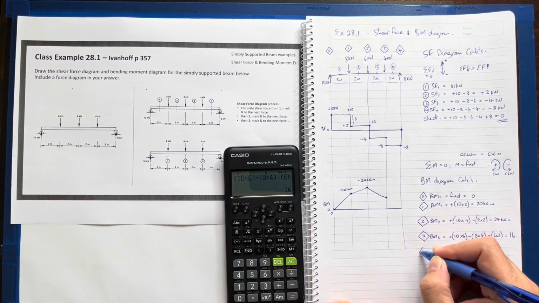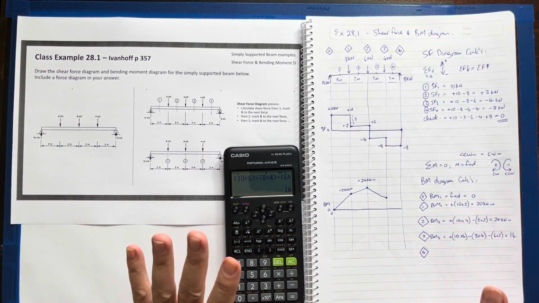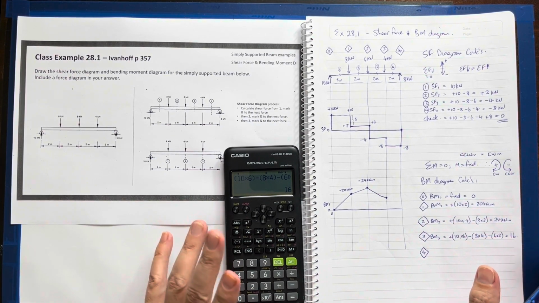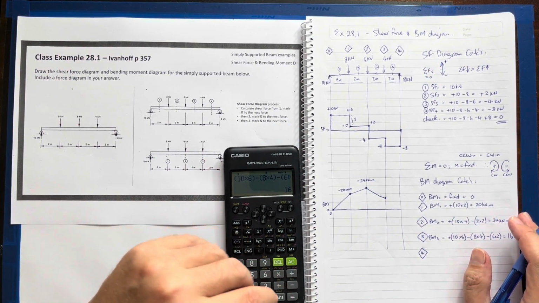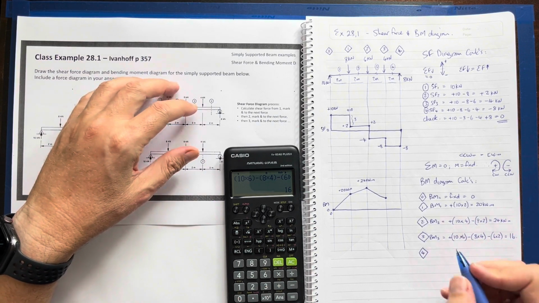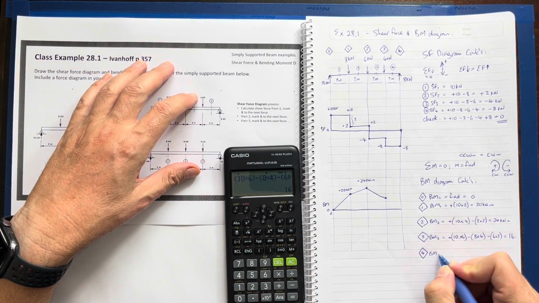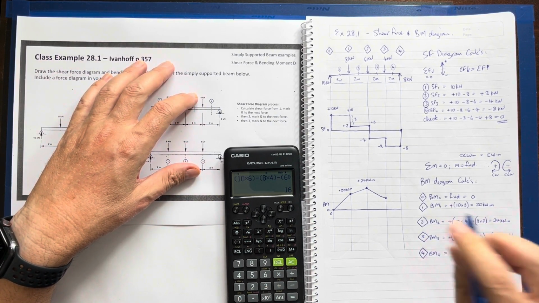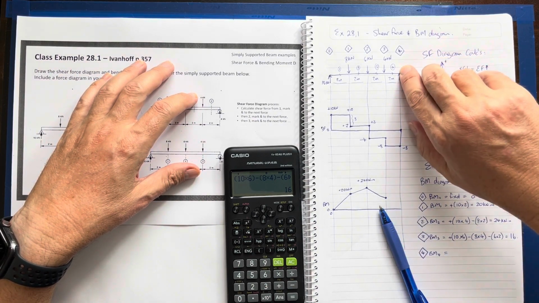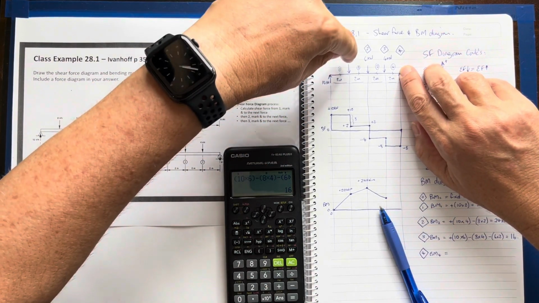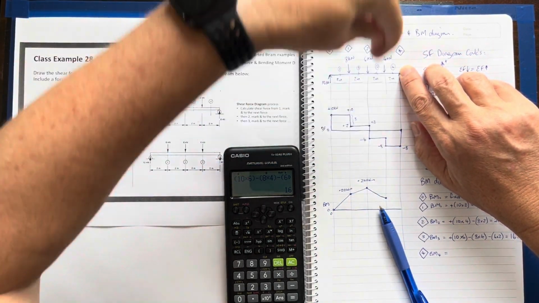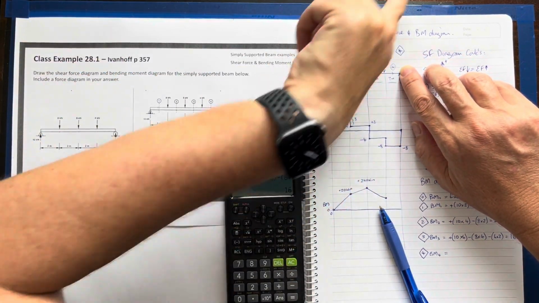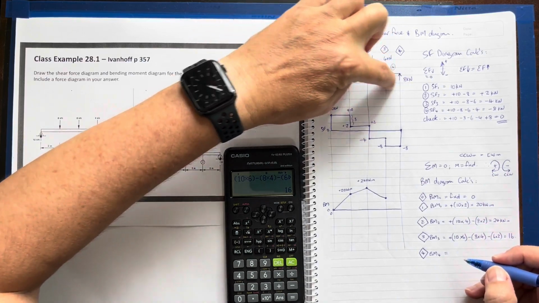Now, if this beam is balanced, proving that our bending moments are also balanced, my clockwise moments equal my counterclockwise moments, and my answer should end up being 0 at bending moment 4. So at that point there, I'm going to have 3 forces going counterclockwise, anticlockwise, and 1 going clockwise, but at the full distance of the beam.